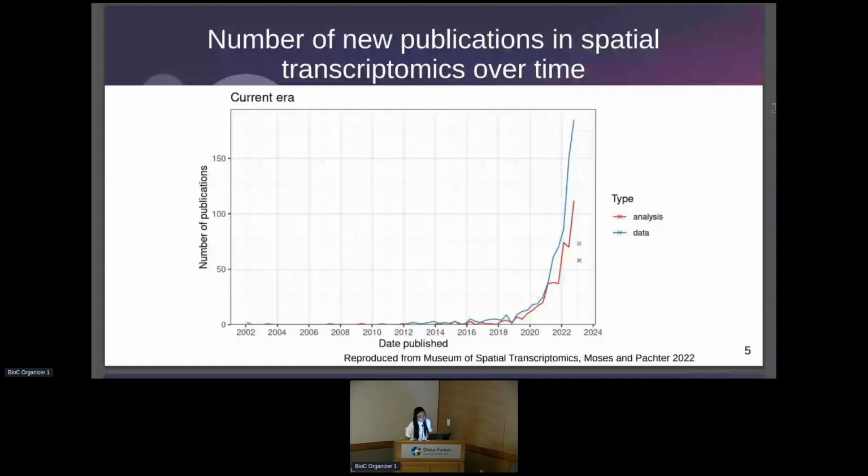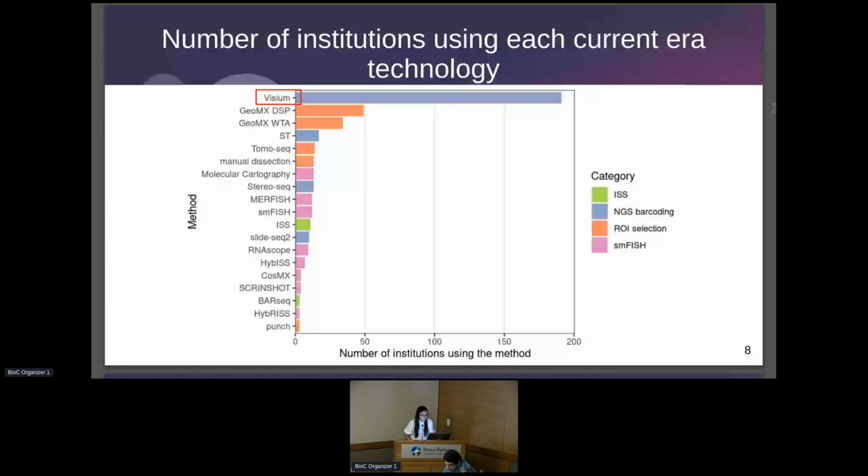This plot shows the number of institutions using each spatial transcriptomics technology, and we see that by far Visium is the most popular, used by almost 200 institutions around the world. Because of the popularity, in this workshop we will use a Visium dataset, although on the Voyager documentation website, we have tutorials for many other technologies like Merfish as well.